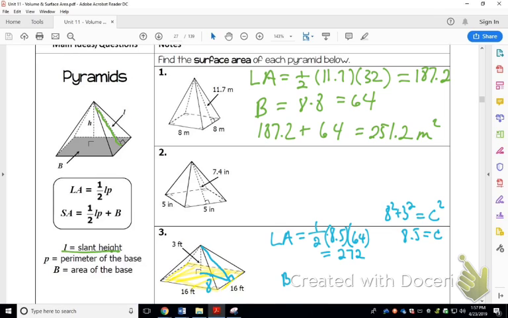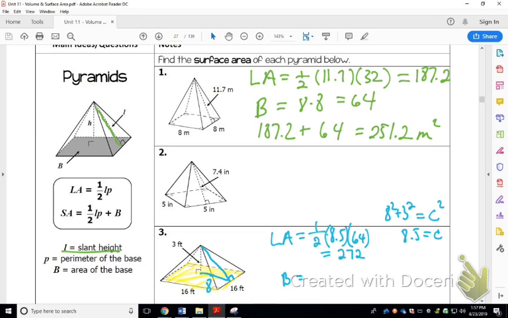The area of your base. So you have 16, so you have 4 sides of 16. 16 times 4 would be 64, right? That's perimeter. Remember, be careful because they were making that mistake today. Remember, perimeter is we add them, whereas area we multiply them.